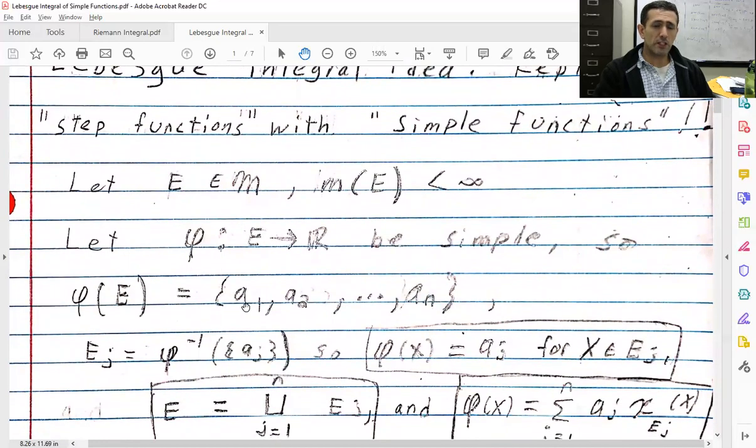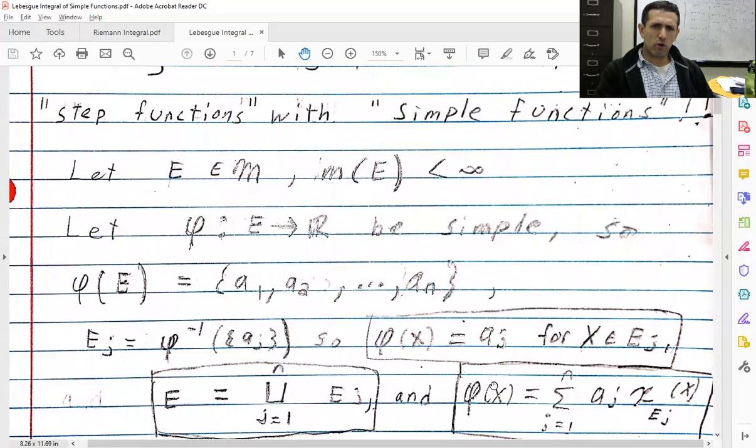Okay. Because this is the range of E, it's the direct image of E under phi, E is this union, and it's a disjoint union because we're assuming these are distinct real numbers. And we can write phi of x as this sum here. This is what we call the canonical decomposition of our simple function.